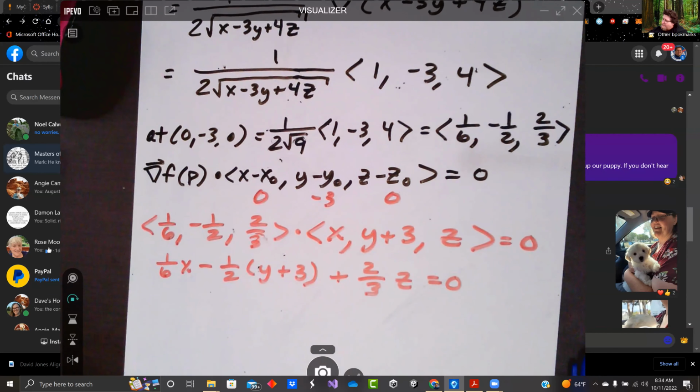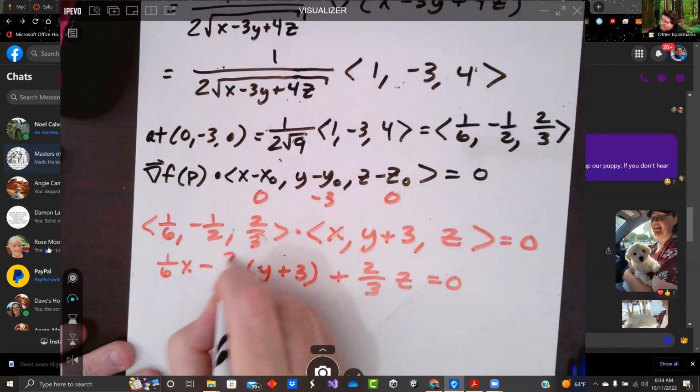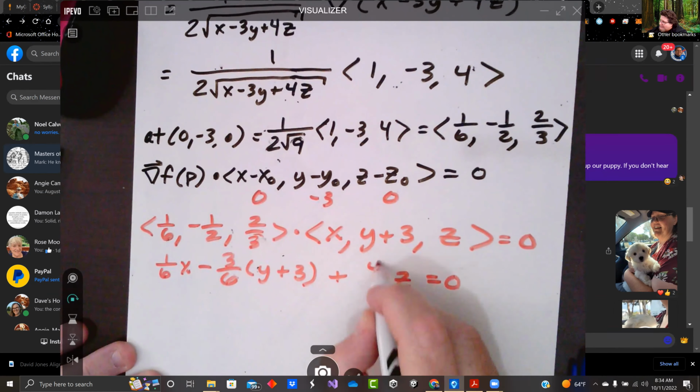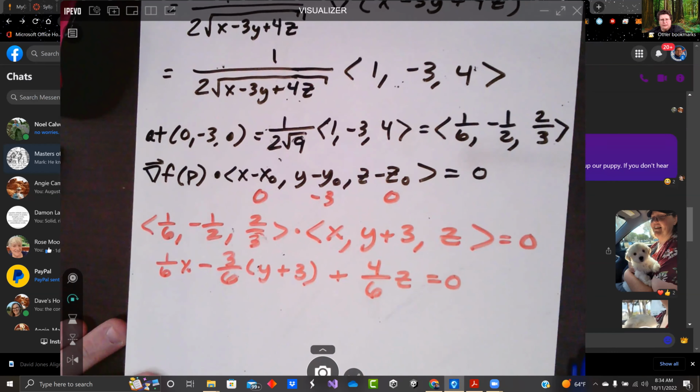Now, I don't like having these fractions, so I'm going to get rid of them. In fact, I'm going to go back to putting this as 3/6, and this as 4/6, the unsimplified form, because then it's a little bit easier to see.